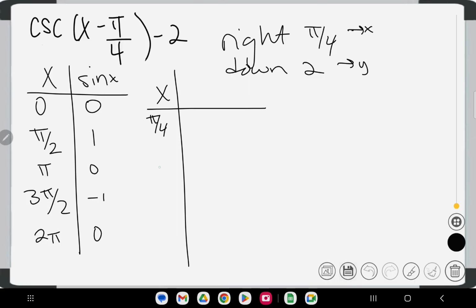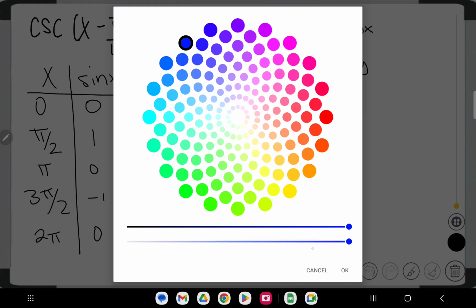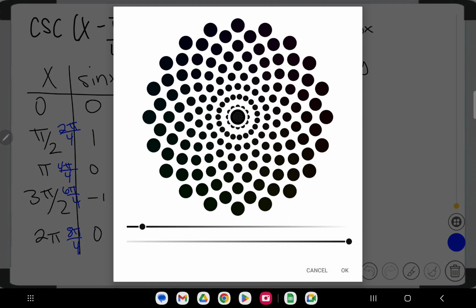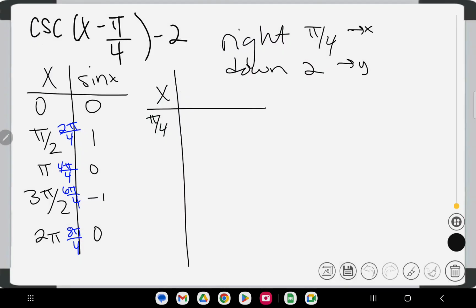So pi over 4. Before I do all that, I'm going to make this all have a denominator of 4. That way, when I do my math, I don't have to worry about it each time.